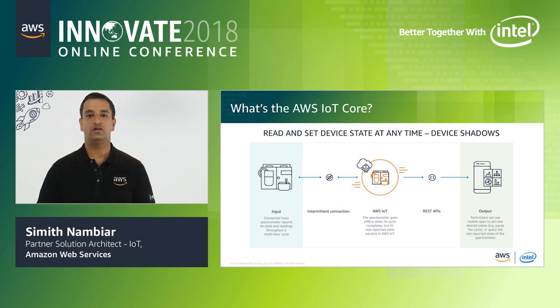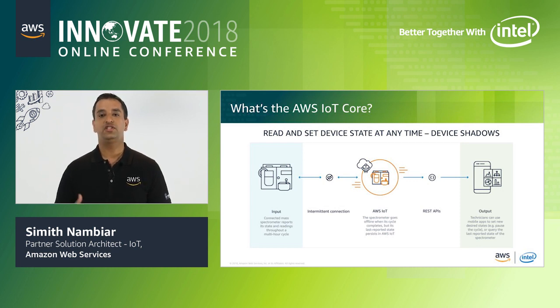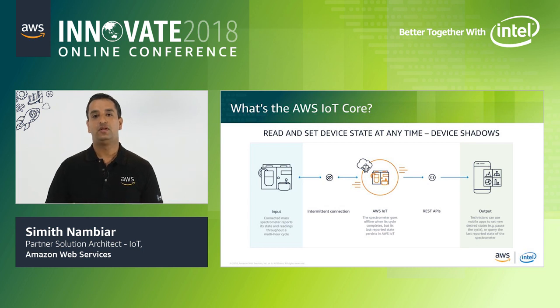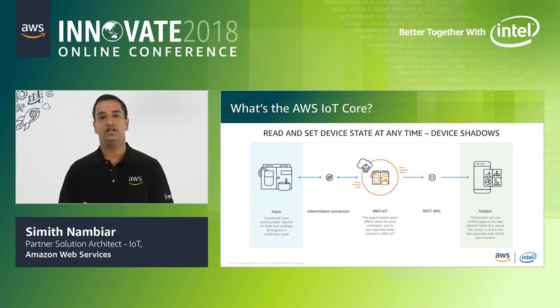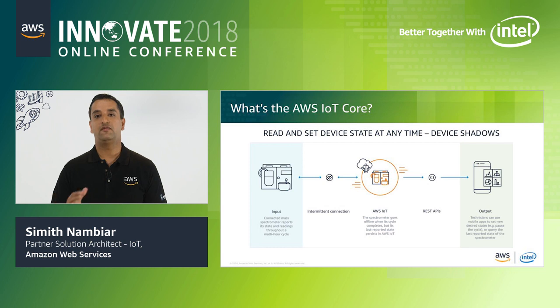With AWS IoT Core, you can create a persistent virtual version, or device shadow, of each device that includes the device's latest state, so that applications or other devices can read messages and interact with the device. The device shadow persists the last reported state and the desired future state of each device when the device is offline.